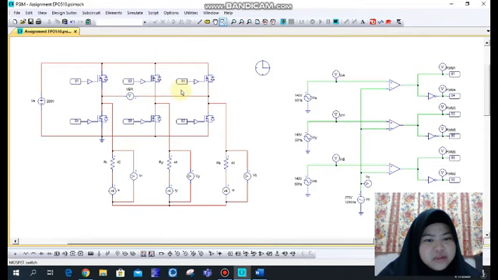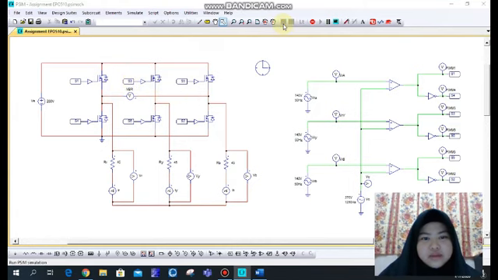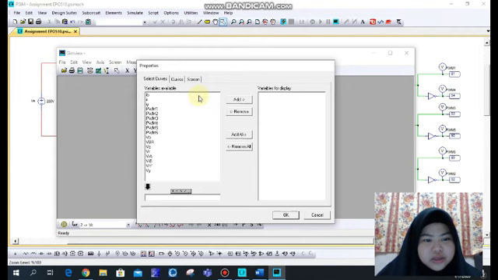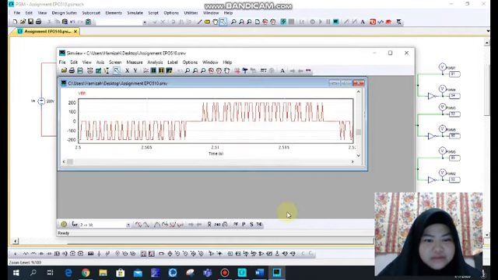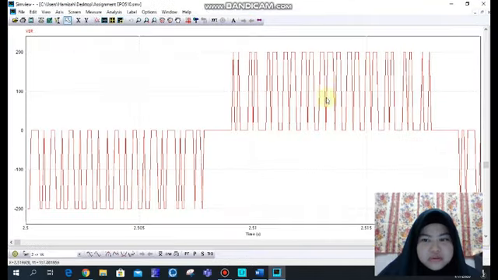From here, this is the positive terminal of the voltage probe, and this is the negative terminal. So this is the voltage to find VBR. I just run the simulation and find VBR, and this is the waveform of the result of VBR.